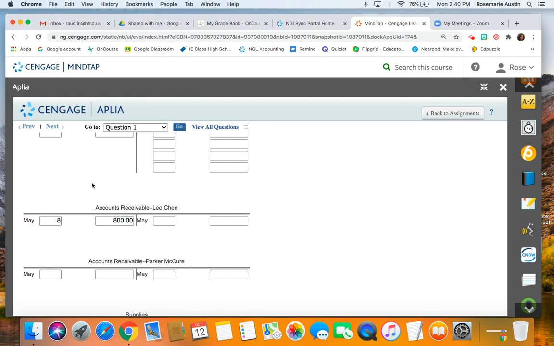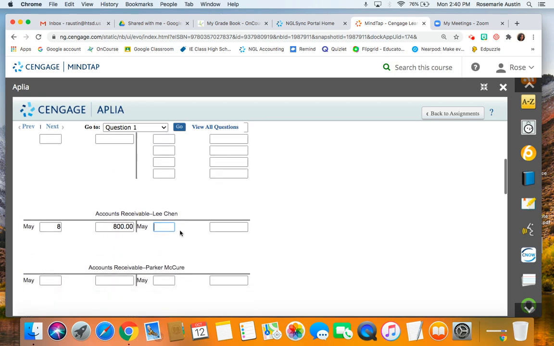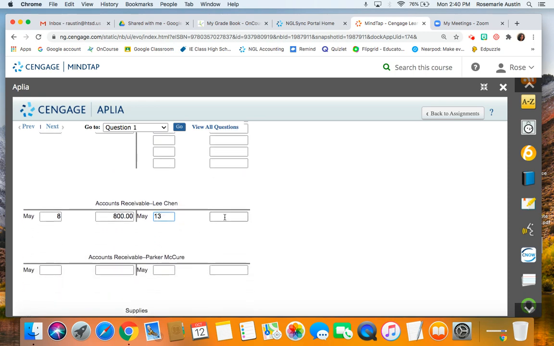We see that they owe us $800, and they're paying us now on the 13th, is it? Yes, on the 13th, they're paying us $650. So if I can just stop and explain this for a second. Accounts receivable is an asset that increases on the debit side, so it normally has a debit balance. You can see here that on May 8th, Lee Chen, we set up an account receivable for him.